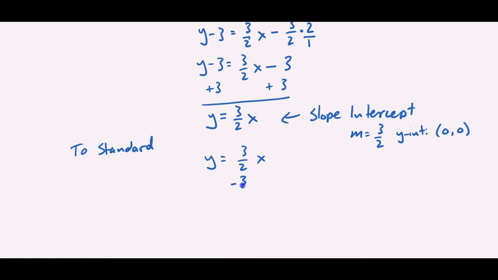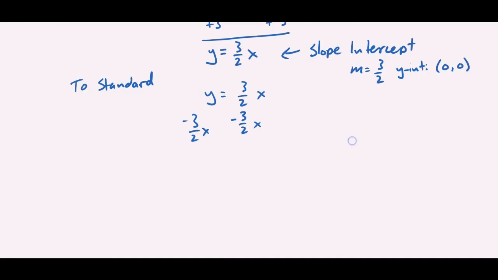I'm going to put a negative 3 over 2x on both sides. On the left-hand side of the equation, those are not like terms. They cannot combine. So we will write it as negative 3 over 2x plus y. That's a positive y. And 3 over 2x and negative 3 over 2x combine together as 0.